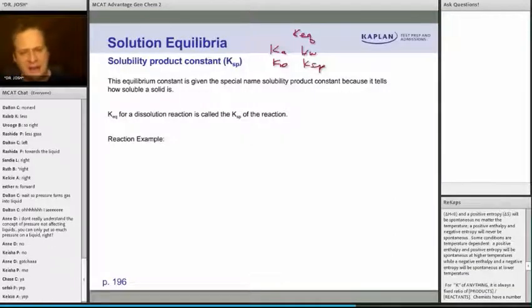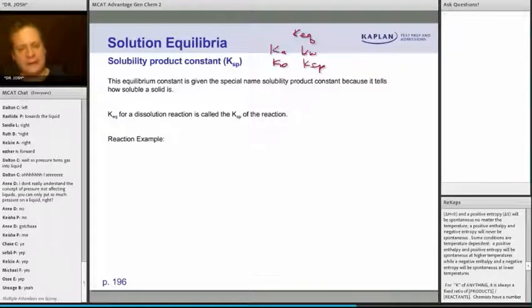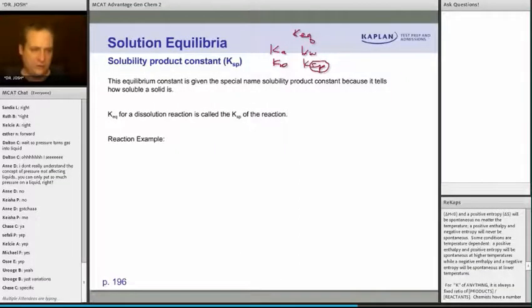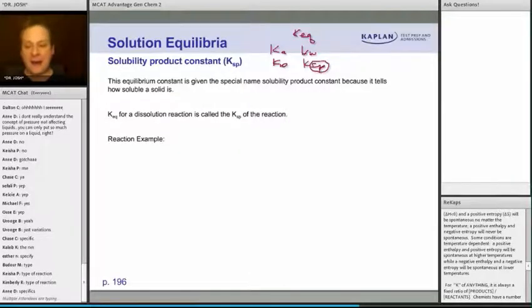Now, how many of you have seen equilibrium constants called KEQ, but you also remember things like KA and KB and KW and KSP, okay? What did we say earlier? What do those subscripts tell you? Yeah, they just specify a type of reaction.